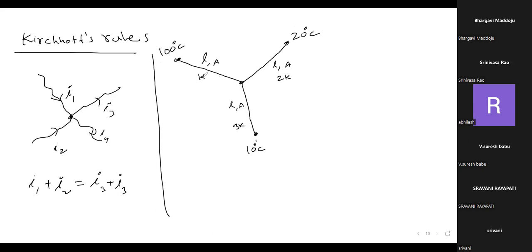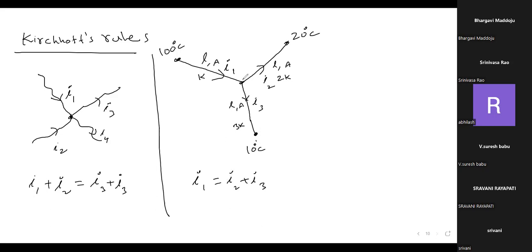As a result, the heat energy flows like this, and from here it will flow like this. This one I will consider as I1, this is I2, and this is I3. You can write the equation as I1 equals I2 plus I3. Here I am considering I as the thermal current, dQ by dt.